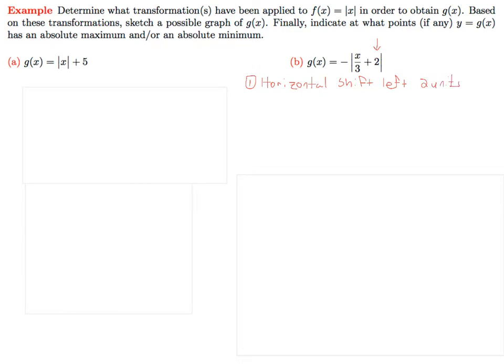Then we can do the next inside change, which is this divide by 3. And when we divide by 3 on the inside, since it's on the inside, it's still going to be a horizontal transformation. This is going to be a horizontal scaling by a factor of 3.